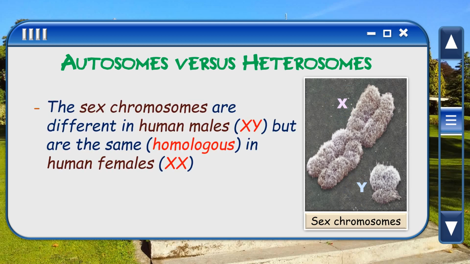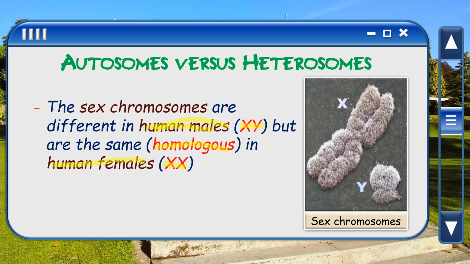The sex chromosomes are different in human males. Human males have X and Y, whereas human females have XX. So you will find that for the human female, the sex chromosomes are homologous.